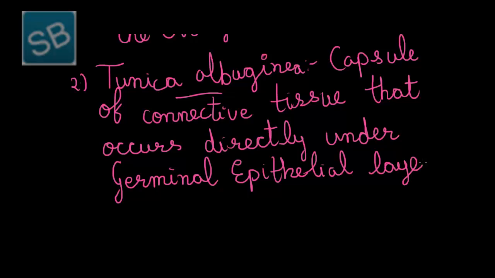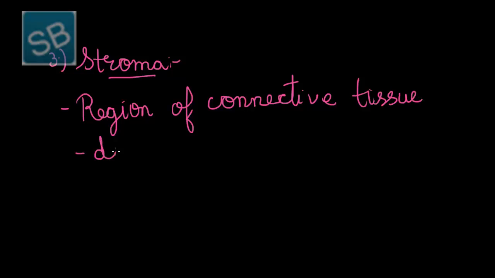After this occurs another region called the stroma. These regions occur sequentially. That is, after the germinal epithelium, the tunica albuginea occurs, following which the stroma occurs. It is also a region of connective tissue which is present deep to the tunica albuginea.